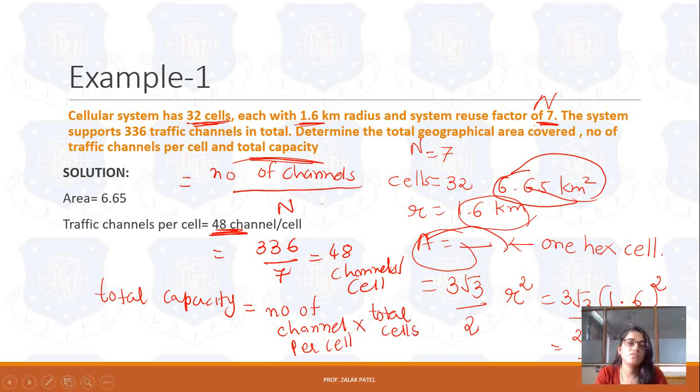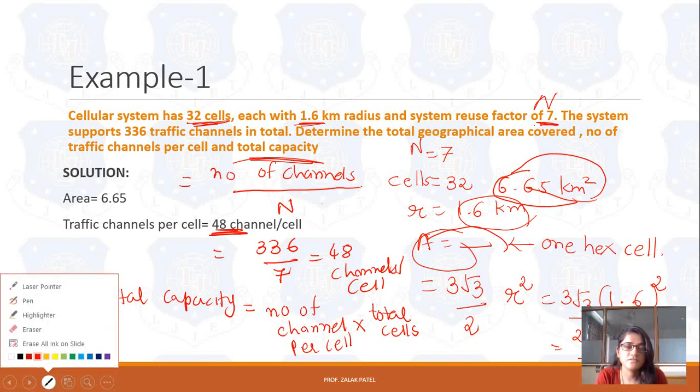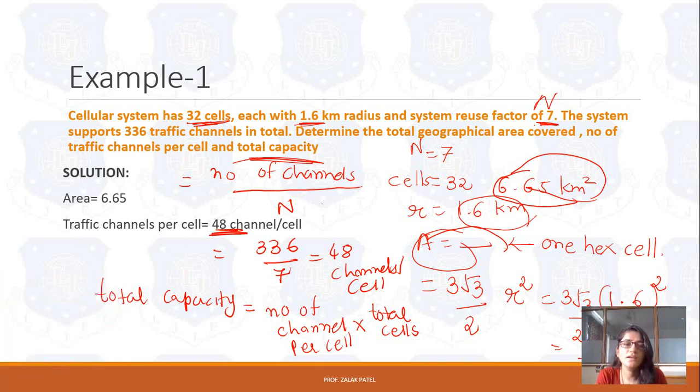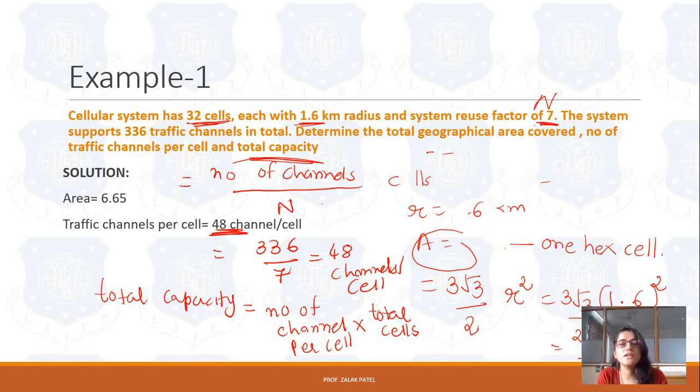Over here, we found the number of channels per cell is 48, and the total number of cells is 32.